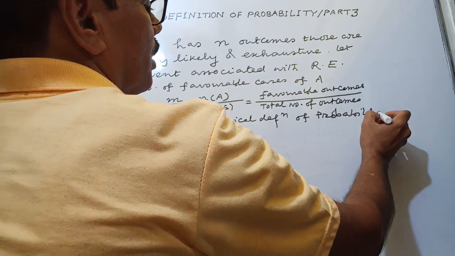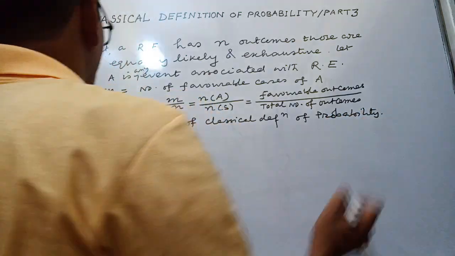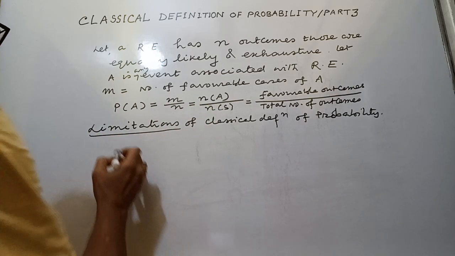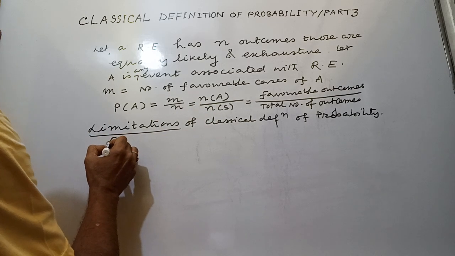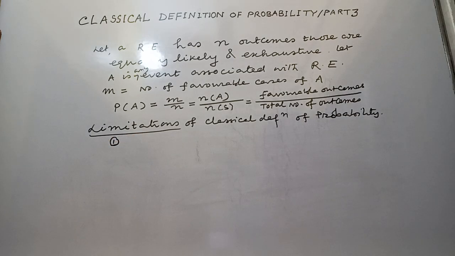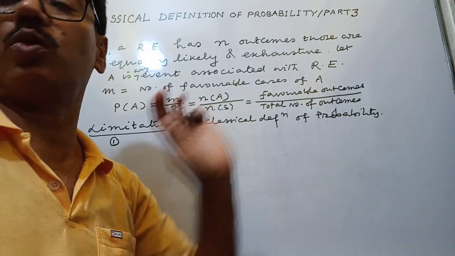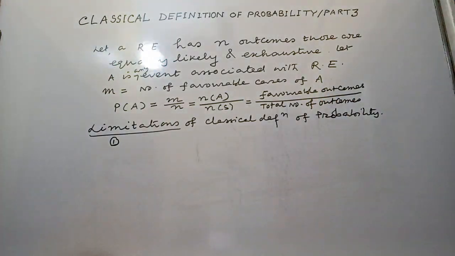So n(A) by n(S), favorable outcomes by total number of outcomes.